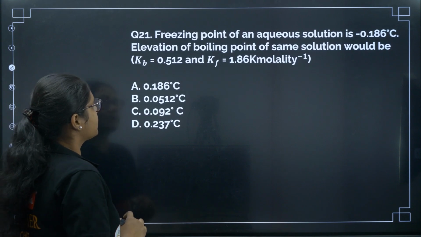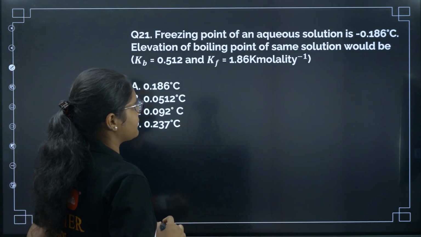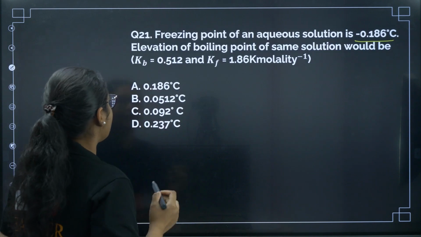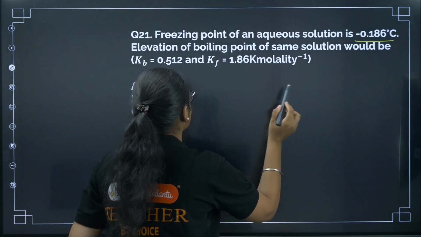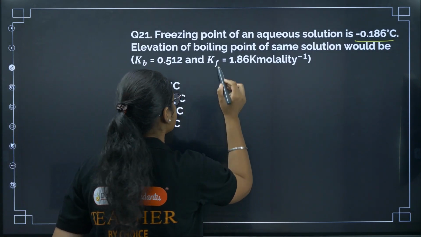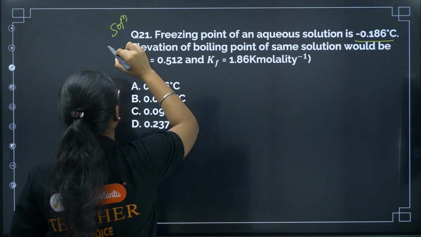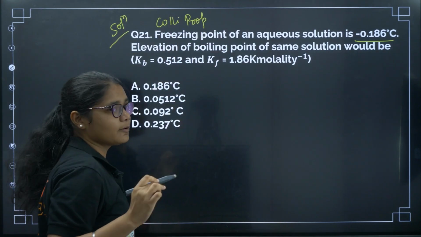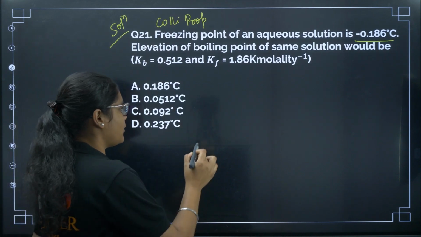Next, question number 21. Freezing point of an aqueous solution is given 0.186 and elevation of boiling point of the same solution would be. Okay, so we have this question from your solutions chapter, again from colligative properties. What is the formula of elevation in boiling point?